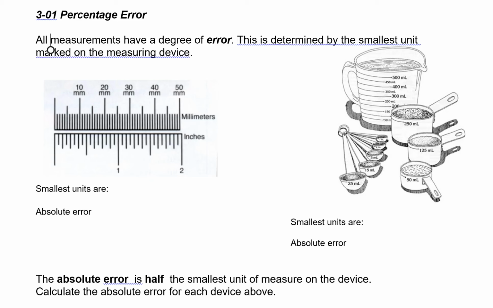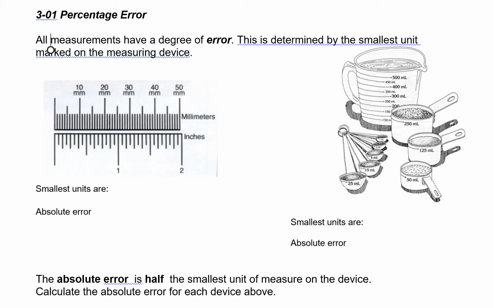Now, another area that you have touched on slightly is the concept of error in measurement. And in this chapter, we're going to develop that further as well. So in 301, just a bit of revision about error.